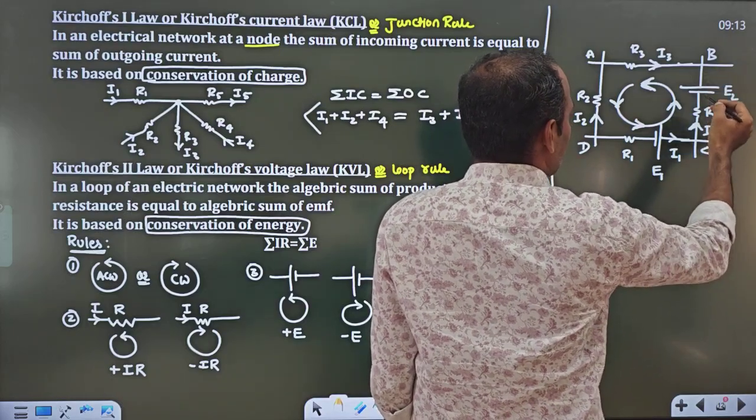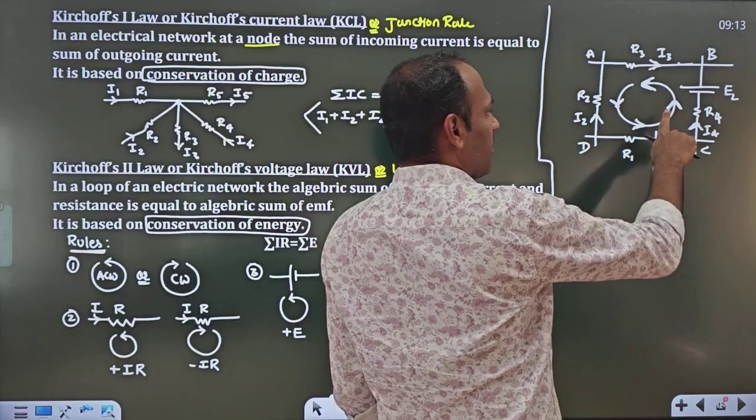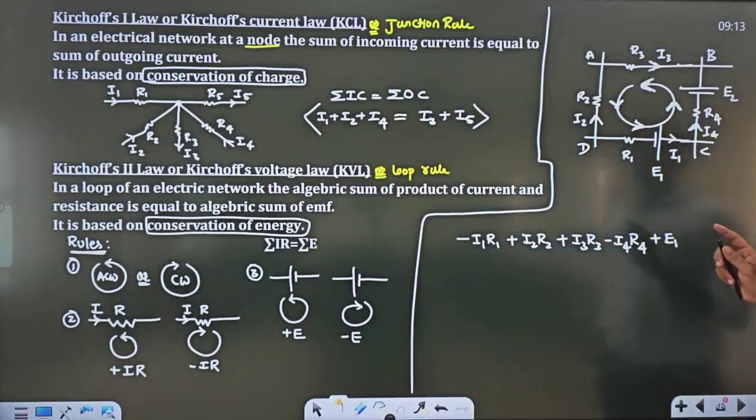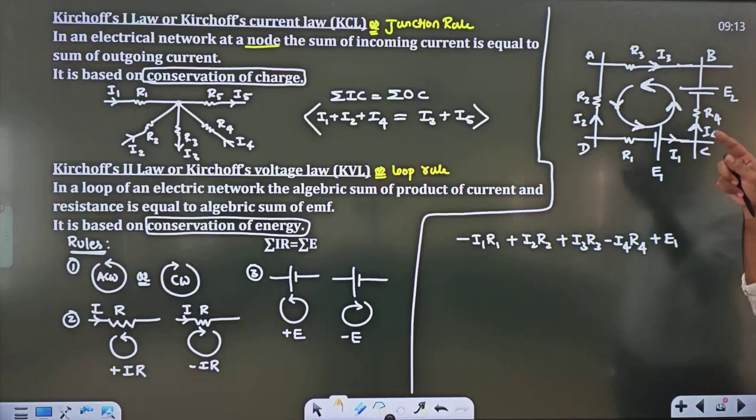Here don't look at the current. Understand in which direction it is going, from which terminal to which terminal. It is moving from negative to positive. So again it is plus E2. In case this was reverse, we would have to write minus E2.